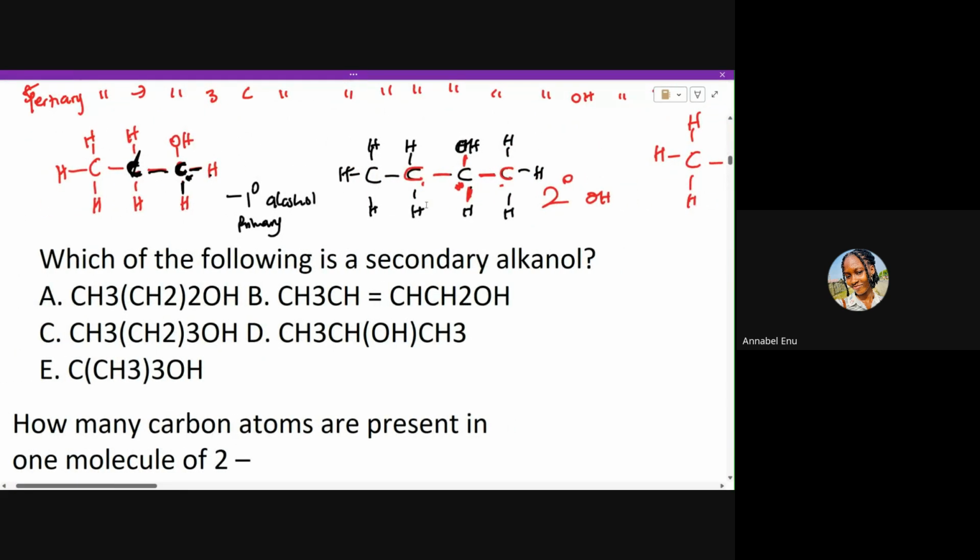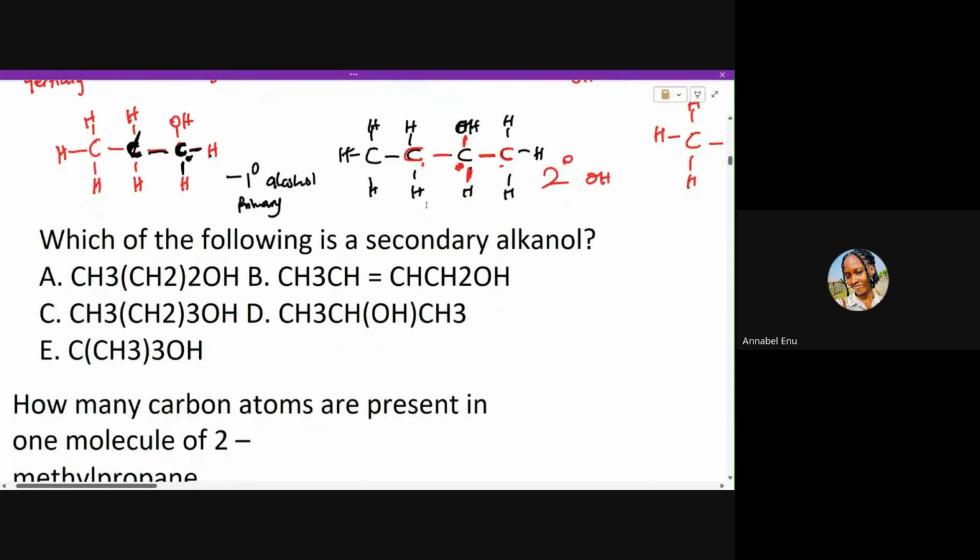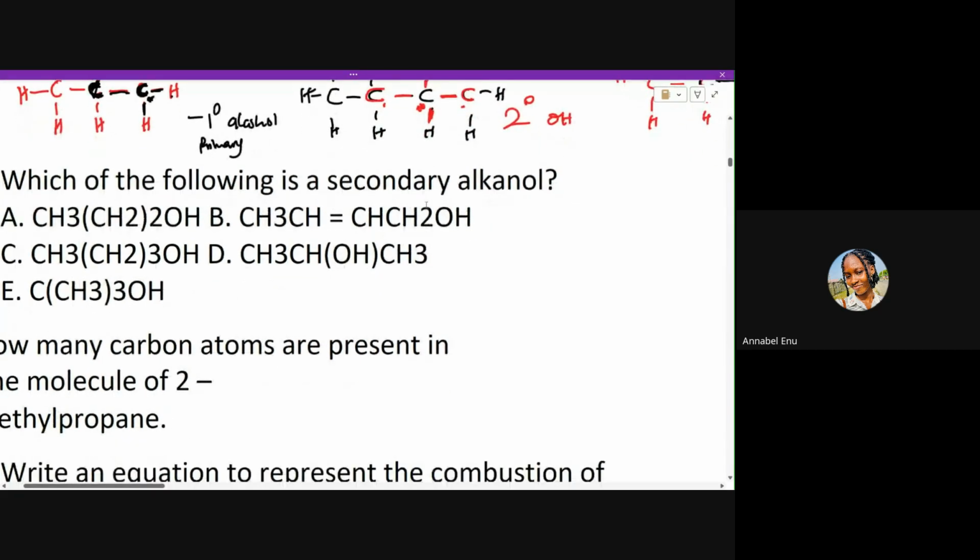Now in this question they said, which of the following is a secondary alcohol? These structures, the first one is properly written as CH3, CH2 twice, then OH. So this is the structure.